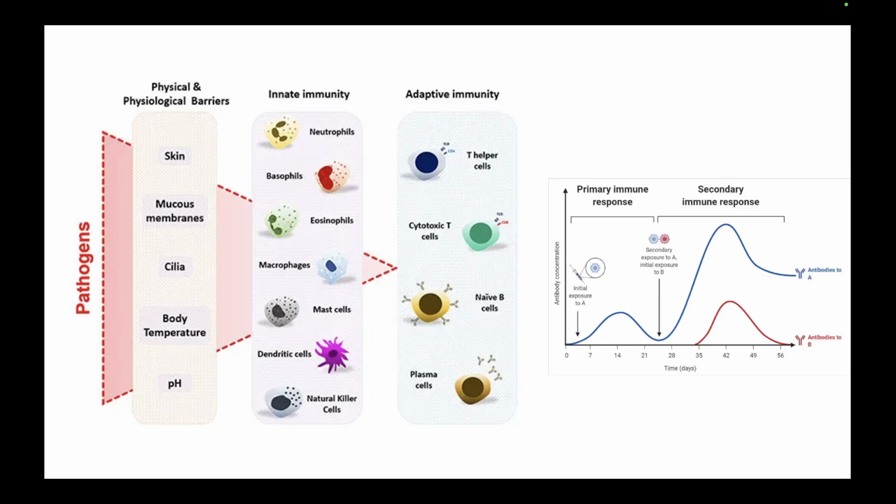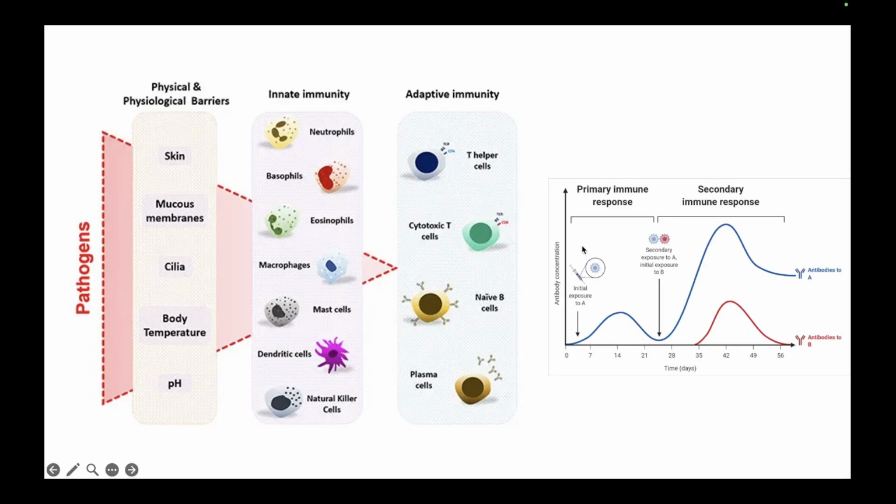The immune response by the adaptive immunity is a little delayed compared to the innate immunity, because the antigen needs to be processed first in order to be presented to the specific cell types and in order to be killed by those cells of the adaptive immune system. And these adaptive immune system cells also possess a memory against the pathogen.